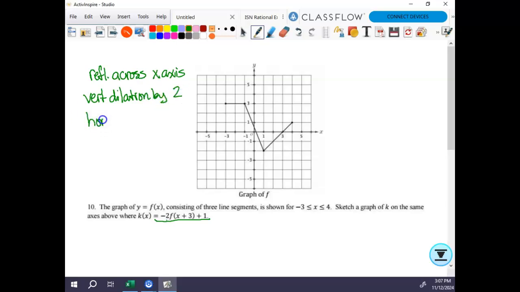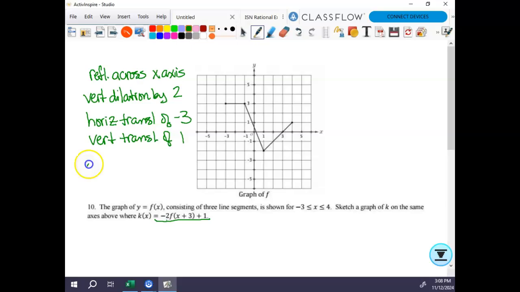I have a horizontal translation of -3 because I'm going to the left, and I have a vertical translation of 1 because I'm going up.